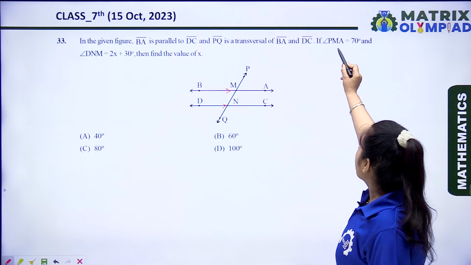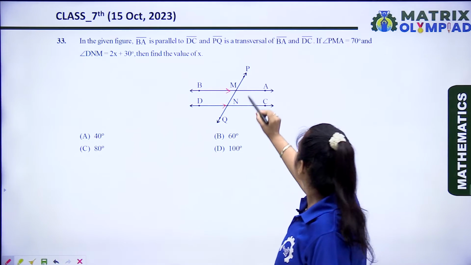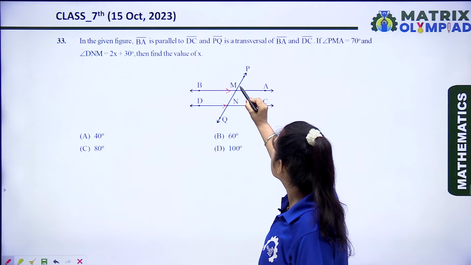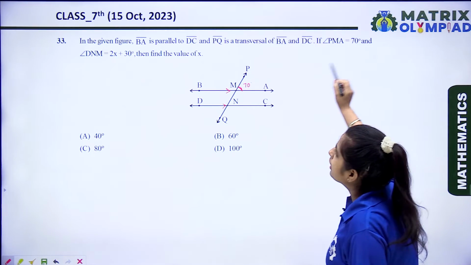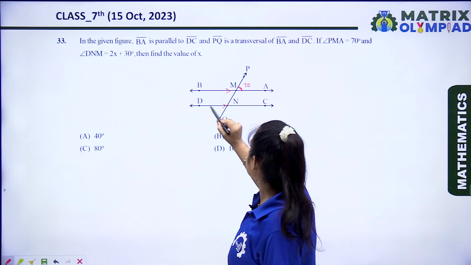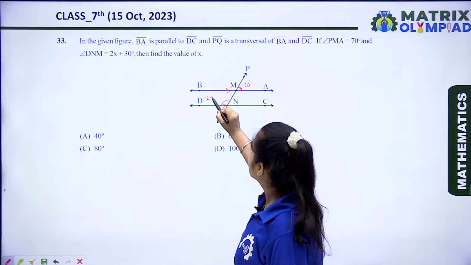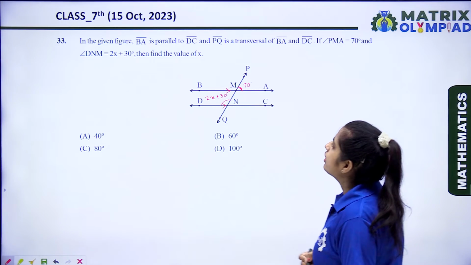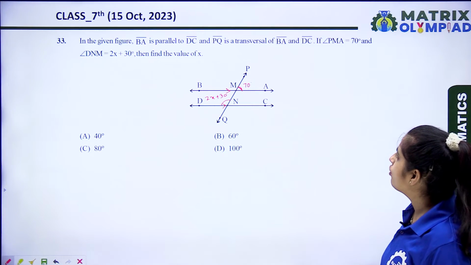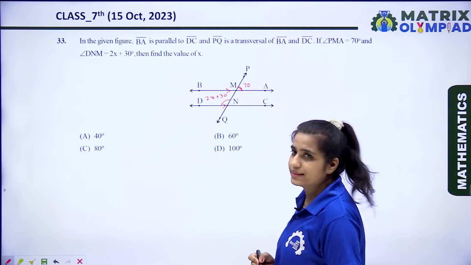Now, if angle PMA is equal to 70 degree, PMA, it means this angle is equal to 70 degree, and DNM, ये वाला जो angle है ये कितना हो गया आपका? 2x plus 30. Then find the value of x. We have to find out the value of x here.